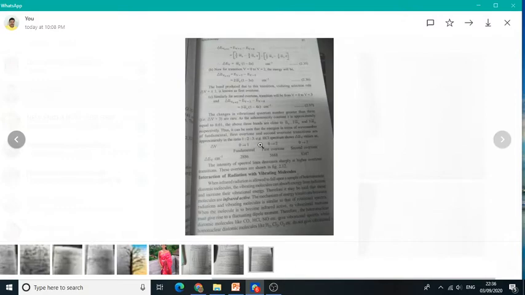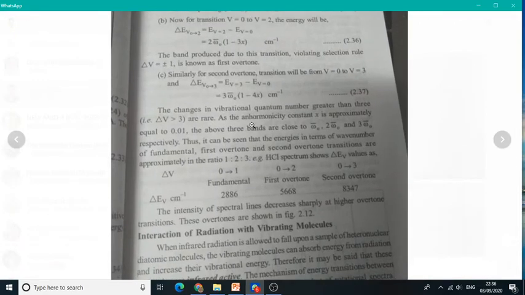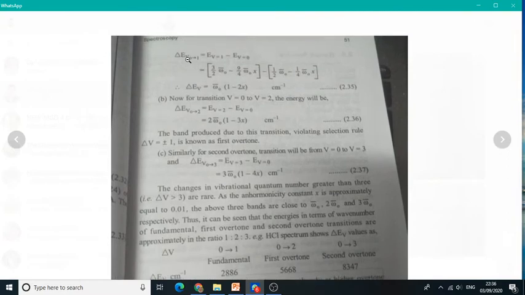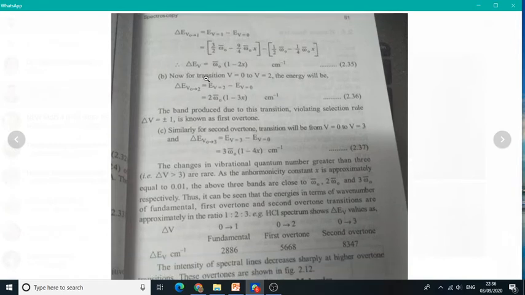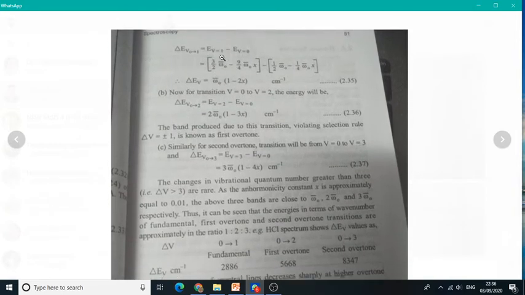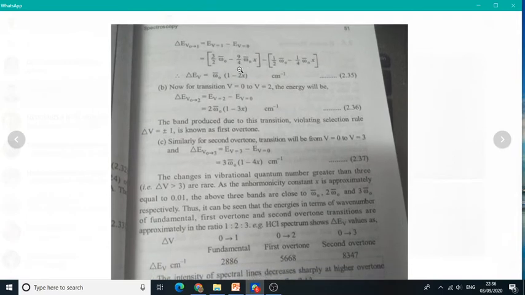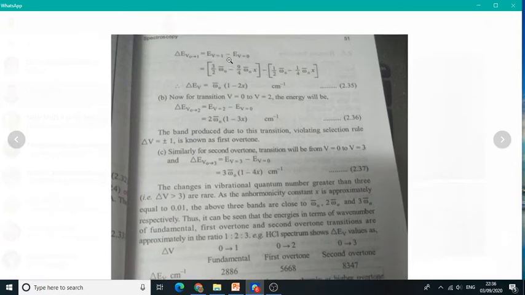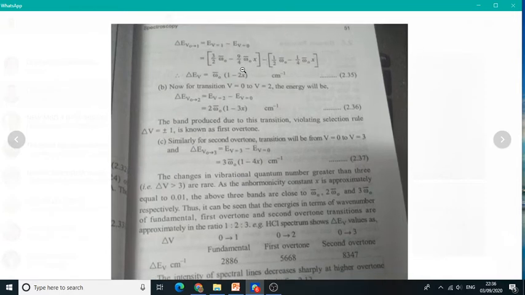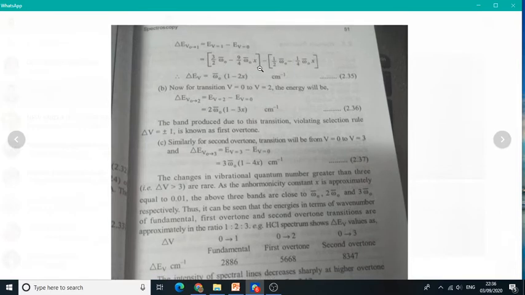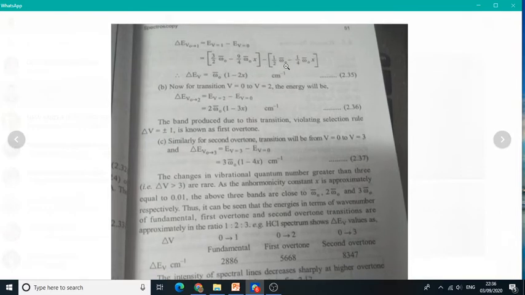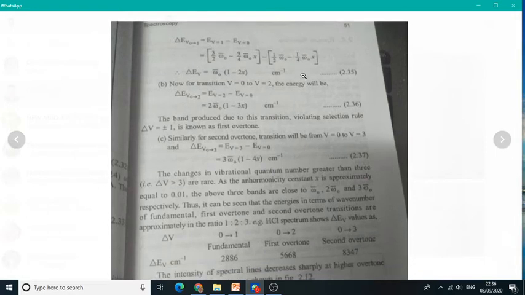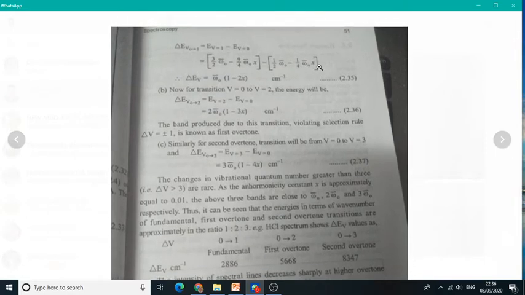Then when the transition takes place from phi equal to 0 to phi equal to 1 in case of anharmonic oscillator, and putting the values of phi equal to 1 and phi equal to 0 in the vibrational energy for anharmonic oscillator, we can write 3 by 2 omega bar oscillation minus 9 by 4 omega bar oscillation into x minus 1 half omega bar oscillation minus 1 by 4 omega bar oscillation into x.